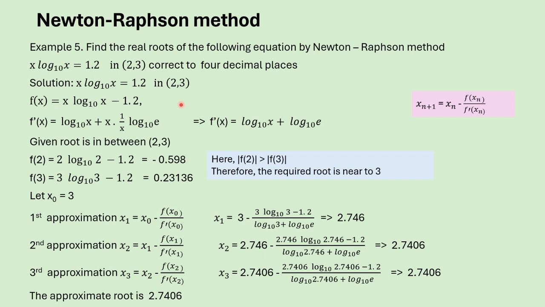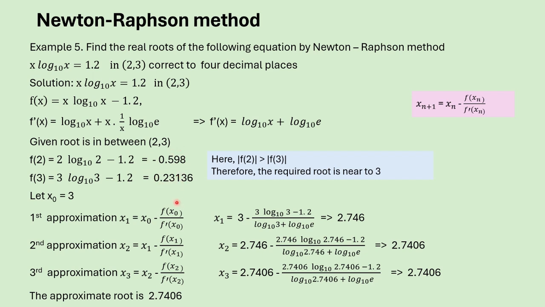Now we have to put the value of 3 here. So 3 log 3 to the base 10 minus 1.2. On simplifying, we get 0.23136. Now this value is negative and this is positive. So we got negative and positive, so the root lies between these two.